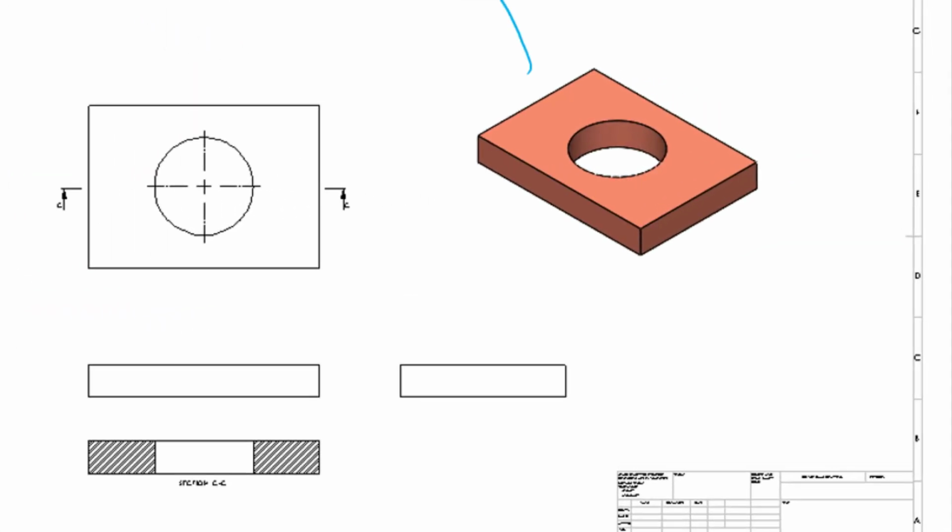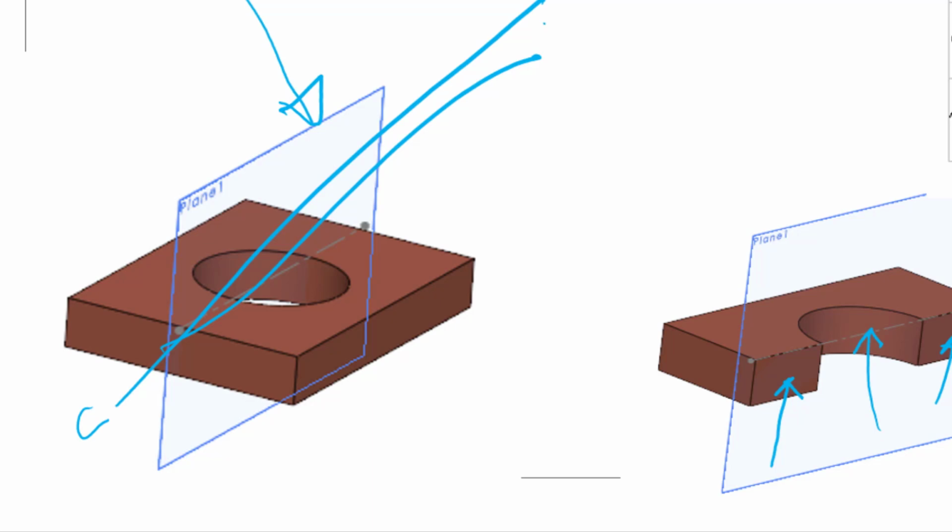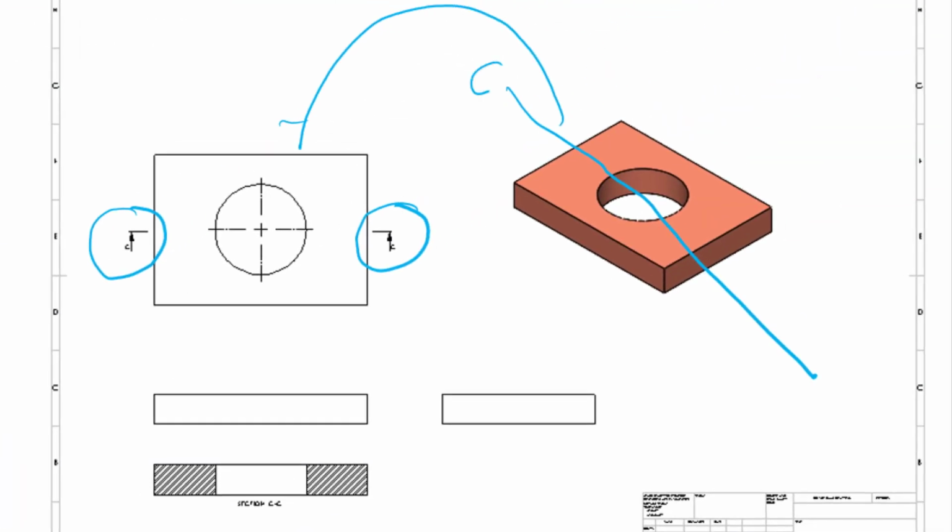So in this diagram, for this cutting line or cutting plane, this line is shown by the line CC. That means this is CC, and this line is this type of line, and at the end the thickness is more.